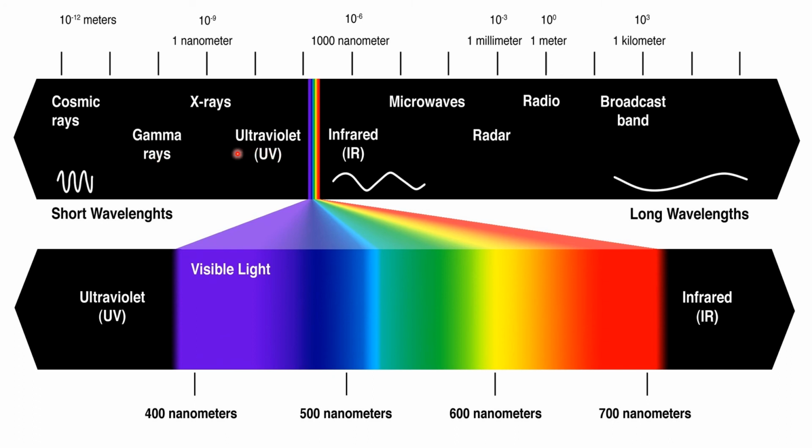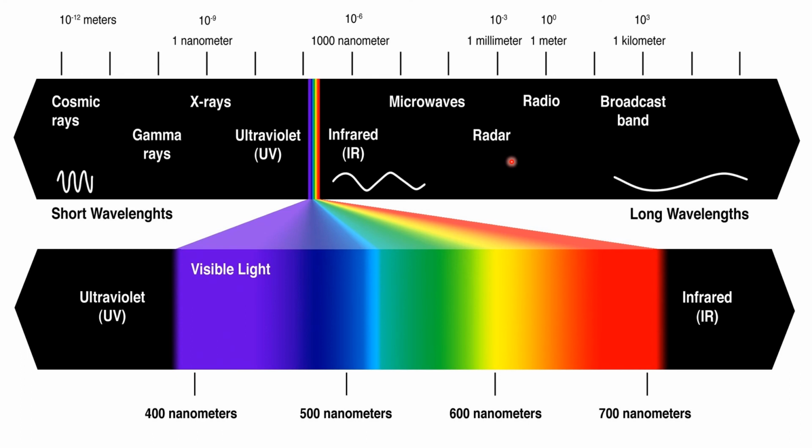We cannot see the remaining portions of the electromagnetic spectrum, and this spectrum has been arranged in increasing wavelengths, that is, short wavelengths are at the left side: cosmic rays, whose wavelength is around 10 to the power of minus 12 meters, and gamma rays, X-rays, where some range of wavelength is called X-rays, and ultraviolet rays, infrared rays.